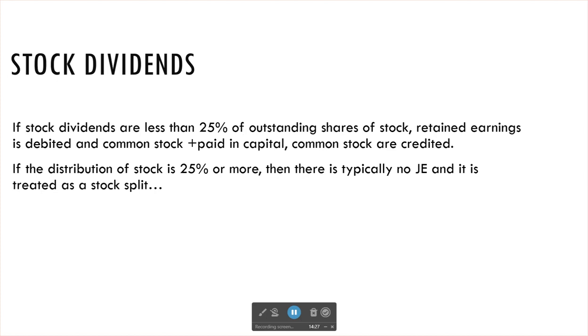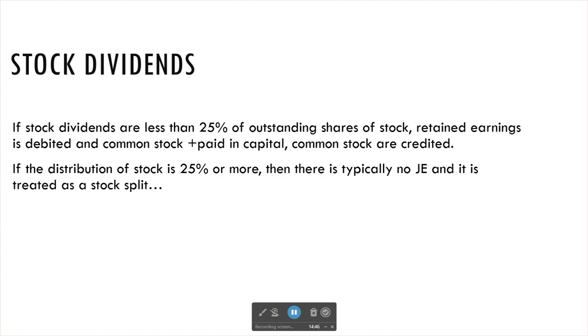Stock dividends. Now, the first thing I have to think about when I'm teaching is that it's like an outline, and I have this dichotomy, and there's this classification, we handle it this way. There's this classification, we handle it this way. We had that in pensions. We had that in leases, right? So now we're on stock dividends.